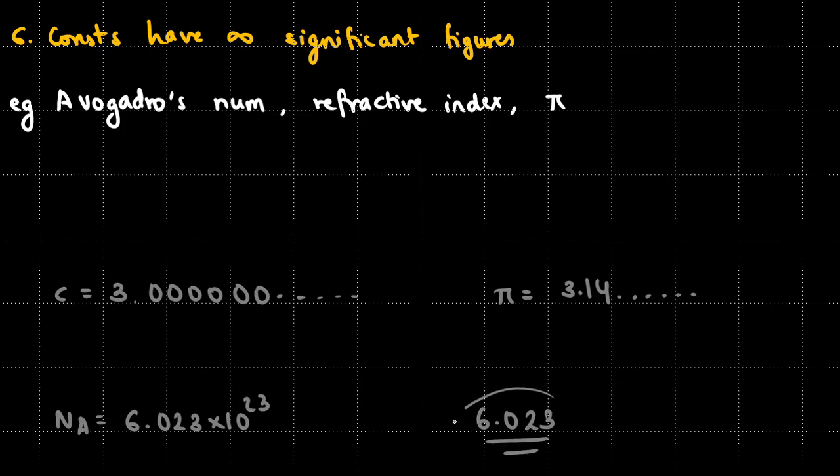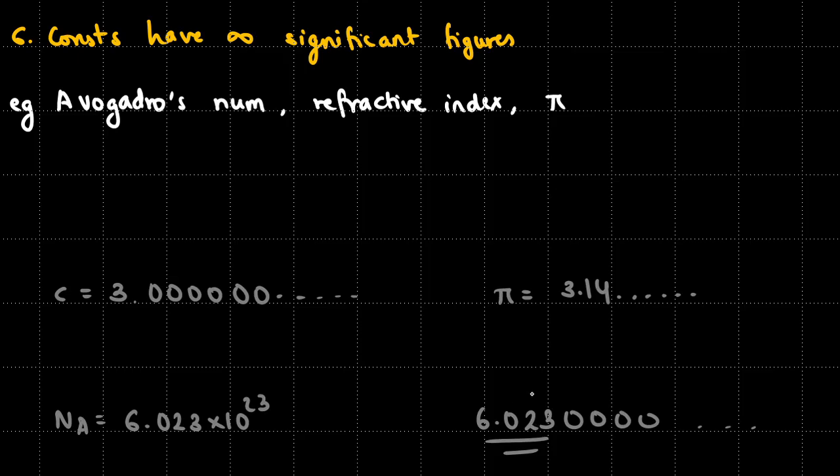Even though you would write it like this, there are infinitely many trailing zeros, which would mean there are infinite significant figures. Even though in general terms you would only write the first 4. Every number that you know, 1, 2, 3, 4, has infinite significant figures, because they are constants. Because 1 is a constant, 2 is a constant, 3 is a constant.